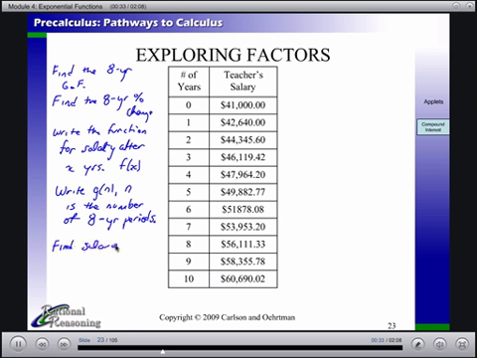And then find the salary in year 15 using the 8-year growth factor. So, practice. 5 questions.